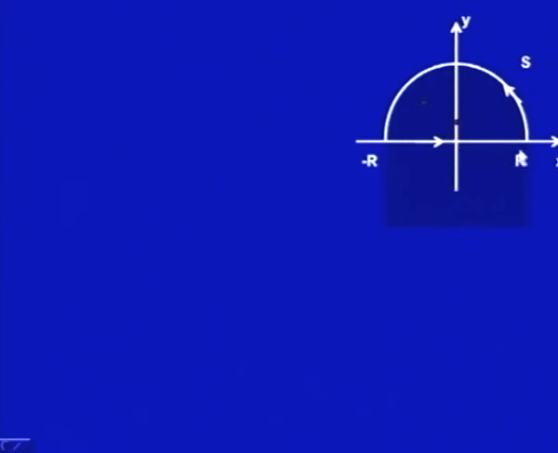So, using the residue theory, we do know this integral along this closed contour would be 2πi times the residue of the function f at the simple pole. So, first let us calculate this residue at this simple pole −2 + i.